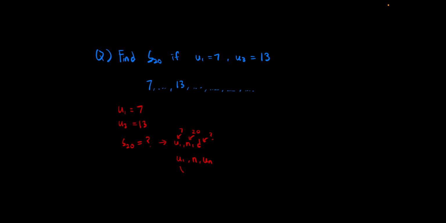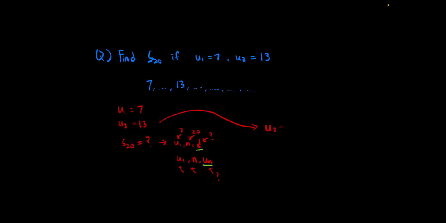The same way, we have these, but u_n is unknown. So our job is to either figure out d or u_n. And we just have to look at the question and say, what is easier to figure out? In this case, it seems like the information given to us with u_3 equals 13 is going to help us figure out what d is equal to.